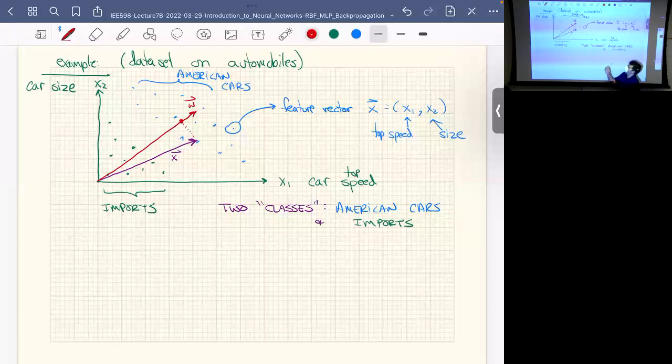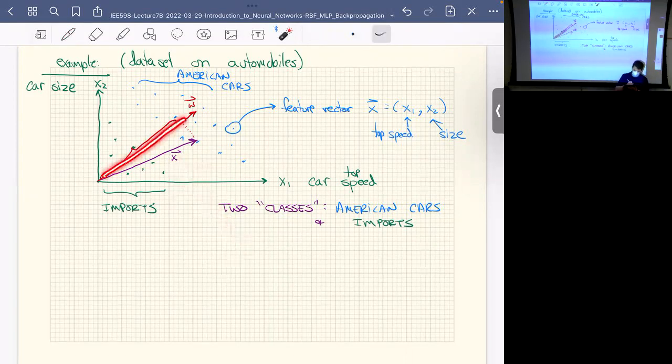It's a little bit like taking the shadow. It's like if you were to shine a light going this direction, then the shadow of the X vector on the W vector gives you an impression of what the dot product is here. And so if they are collinear, then you get the longest shadow.